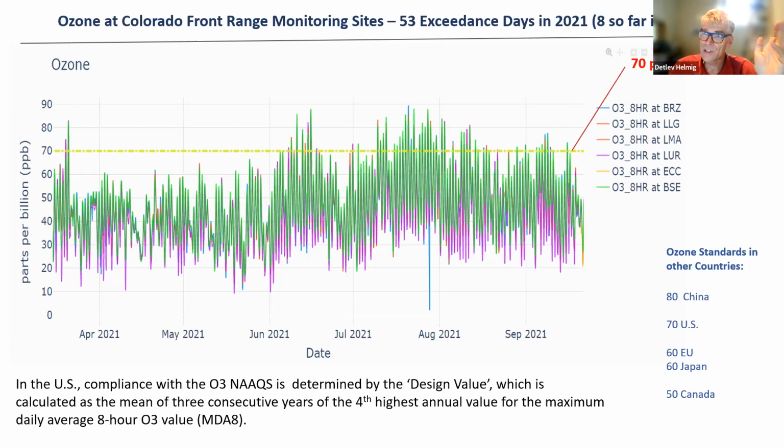It's truncated, it's not rounded. So 71 is an exceedance, 70.9 is still okay. That's how it is in the United States. It's not like that in other countries. And as you can see, the EU, Japan, and Canada have lower threshold values, so they try to attain a higher degree of protection than what we have in the United States here.